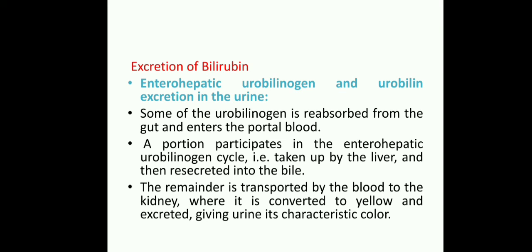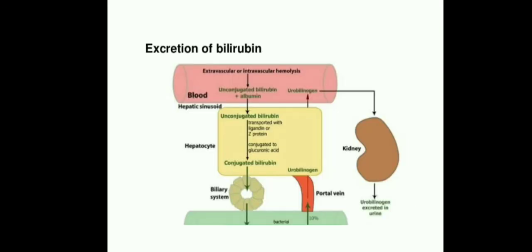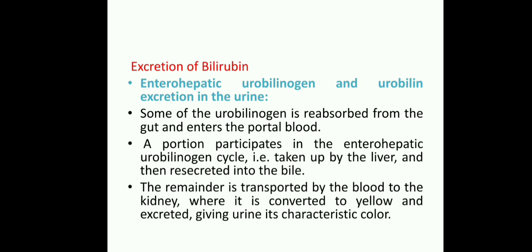The remainder is transported by the blood to the kidney, where it is converted to the yellow urobilin and excreted, giving urine its characteristic color. Here the color changes into a yellowish discoloration. This is about the excretion of bilirubin. Whatever is in this image is here.